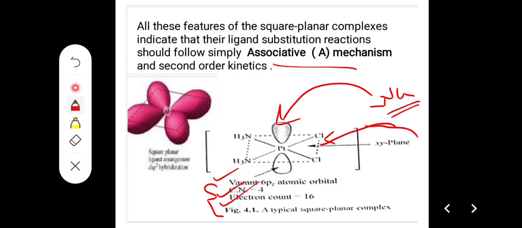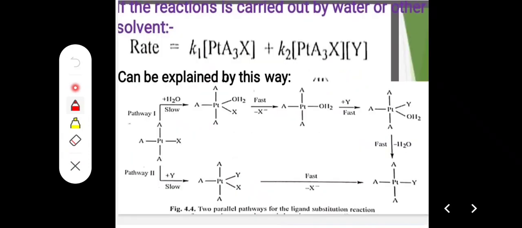Next, for reactions carried out in water or solvent, if both solvent and nucleophile are important, we can combine them: rate = k1[PtA3X] + k2[PtA3X][Y]. This is the solvent pathway and this is the nucleophile pathway.